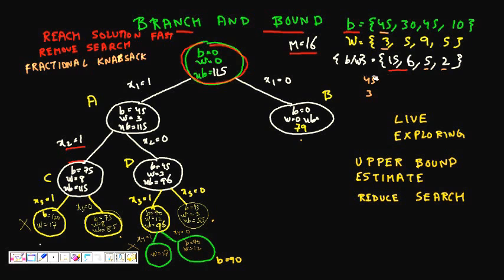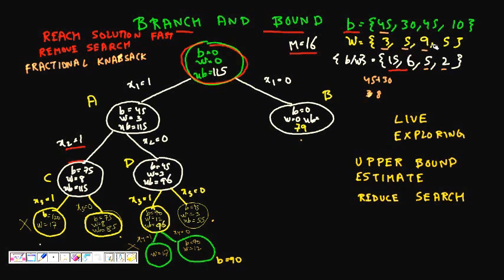13 is still left. So I choose the next one, weight 5 for the second one, benefit 30, total 75, and the weight I have taken is 8. Now how much weight do I still have? Maximum is 16. Now if I choose the third item completely, I cannot, because it's a 0-1 knapsack.